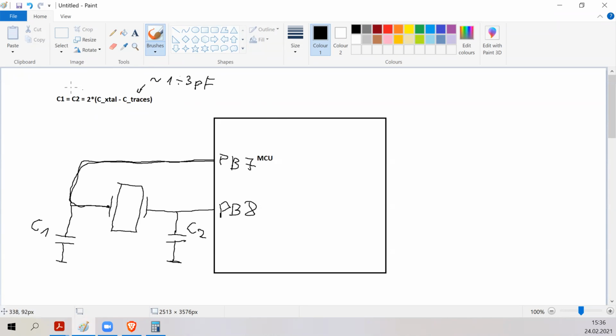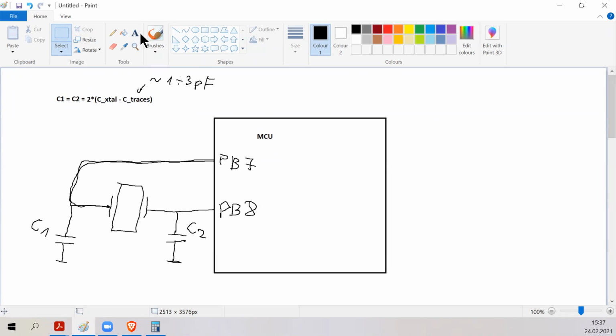And usually people just select the closest nominal value, and if you guess the capacitance of traces wrong, usually their impact isn't as big as to cause the system not to work at all. It will work. So if you're not exactly 100% precise, it's not that bad. Nothing bad will happen. It will still work.